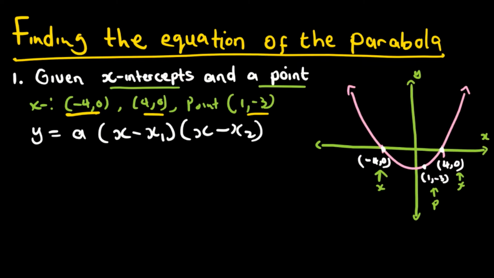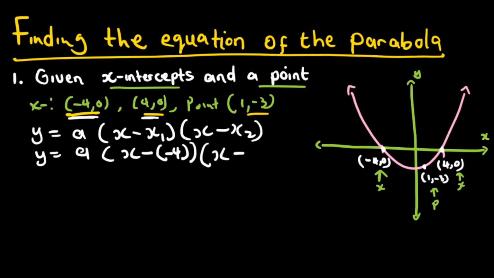We substitute our x-intercepts: y equals a into (x minus -4), and then (x minus 4). So you just write your 4 there.